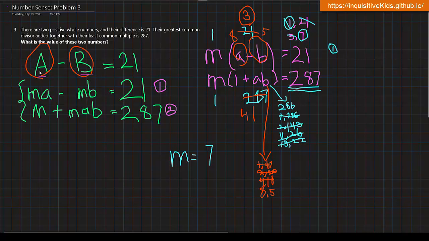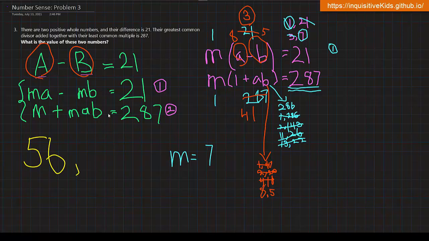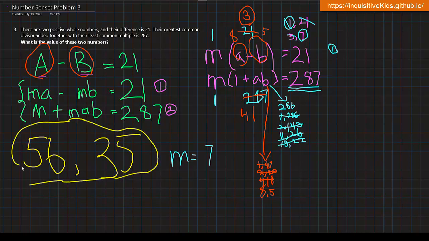So we know that this capitalized A is M times lowercase a, which is 7 times 8, 56. And capitalized B is 5 times 7, which is 35. The value of these two numbers is 56 and 35.